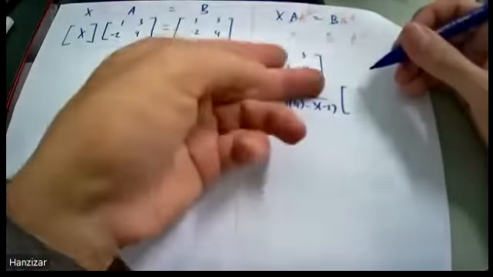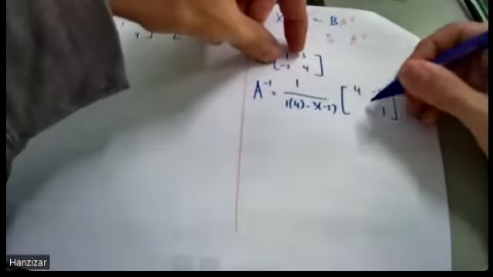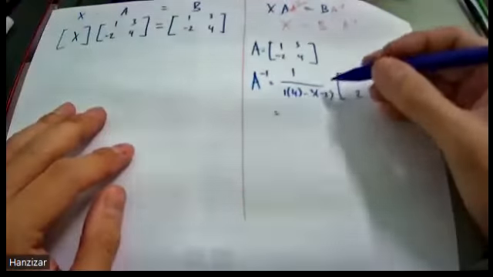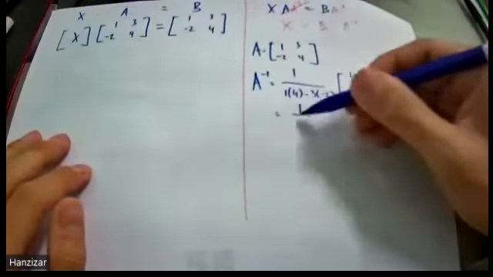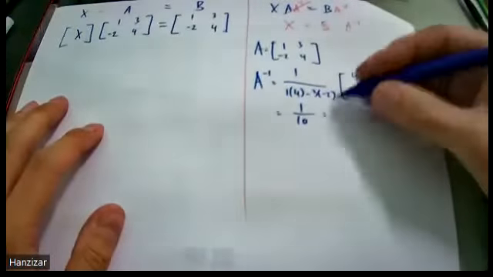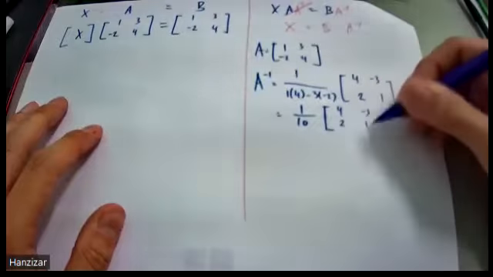Multiply by, you switch the position and make the other entries negative. So 4 minus, oh, ugly. 4 plus 6, 10. Oh my. Okay. Times 4, -3, 2 and 1.